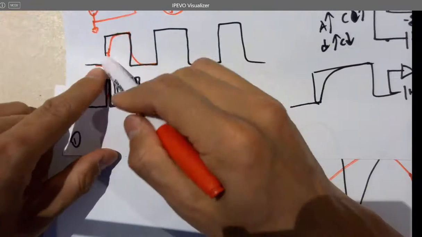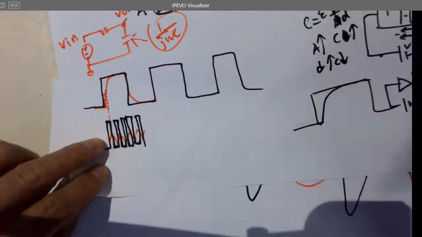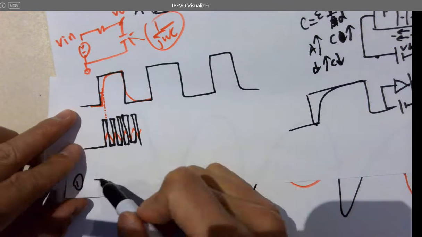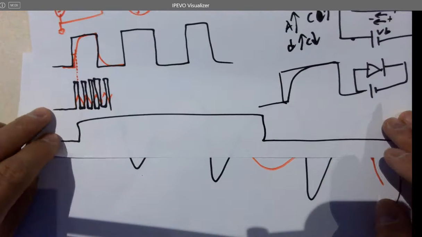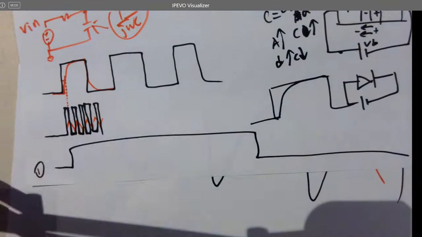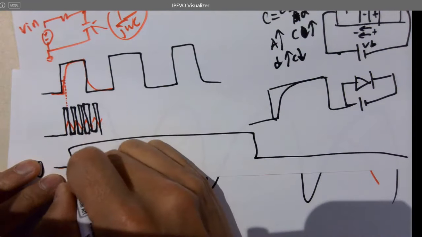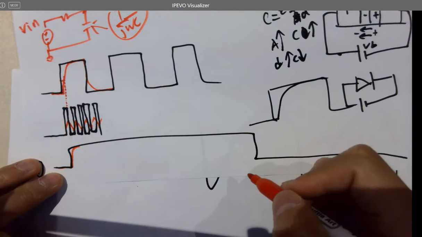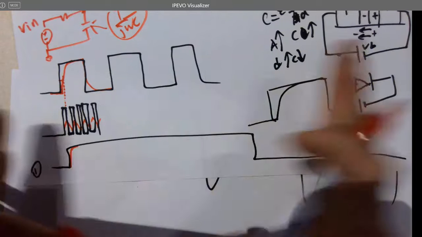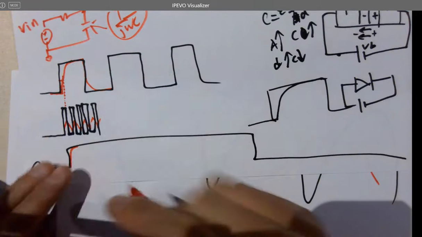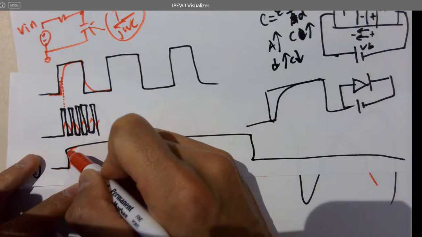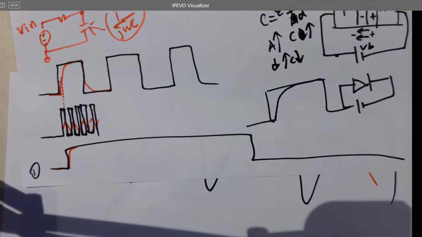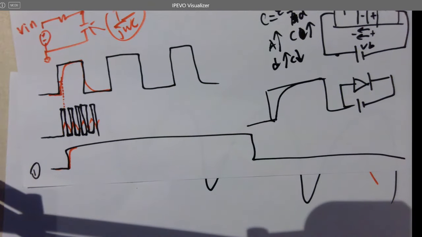If you make the input super slow, that's a very slow square wave, and then you are looking at your step response, and you zoom out the signal, you couldn't even see that little delay. Is that correct? So your output is duplicating the input and it's fully charged to the full range.